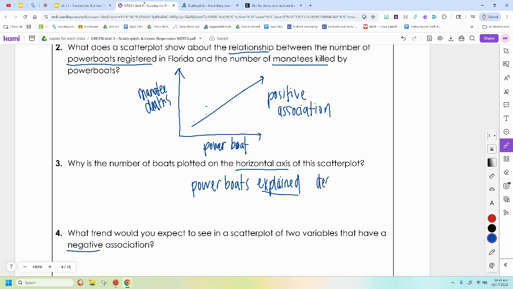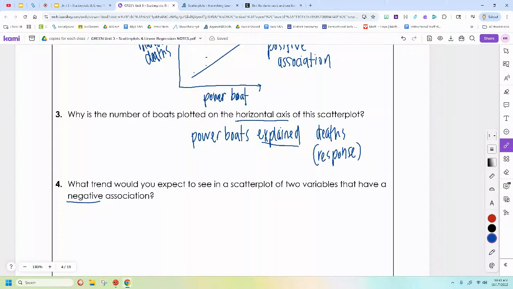And so of course then the deaths were the response variable. Okay, so it does get, I will say, like on multiple choice questions, I'm going to be using those words, explanatory and response variables, and so you have to know which one's which. It is alphabetical. E goes with the x-axis. And look at the second letter's an X.